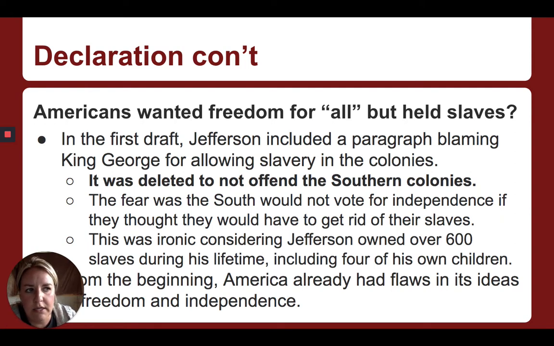The idea is really out of fear that if you make this about slavery, half of the colonies or more are not going to be on board, out of fear that they're going to lose their ability to have slaves, which they felt their entire economy was wrapped up in, that need to own people to be profitable. So it was deleted to not offend the southern colonies.